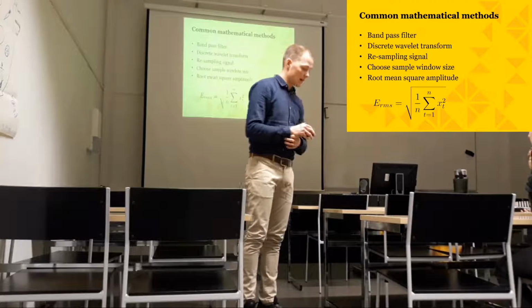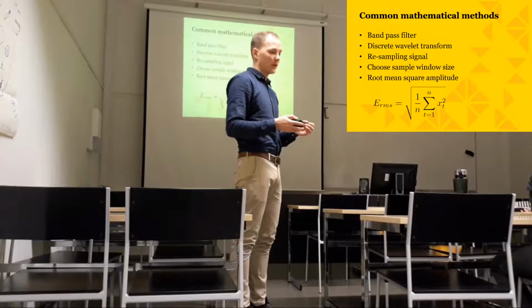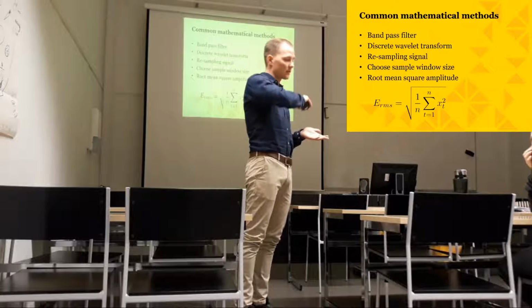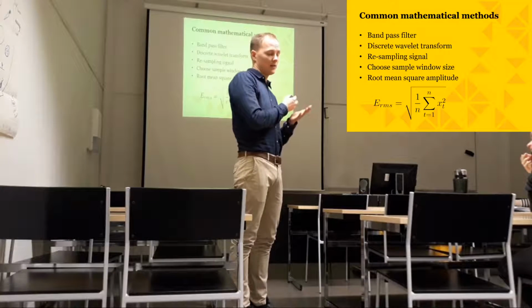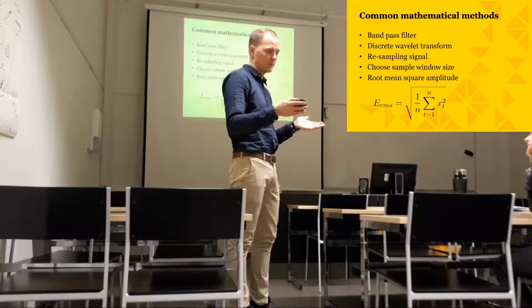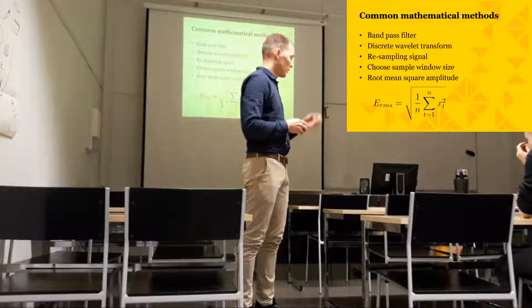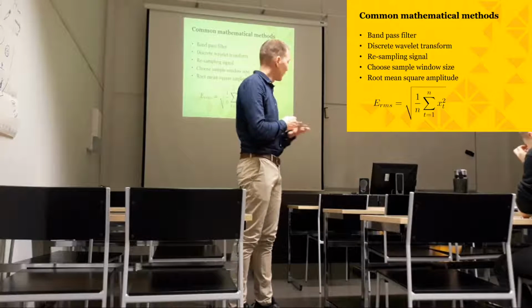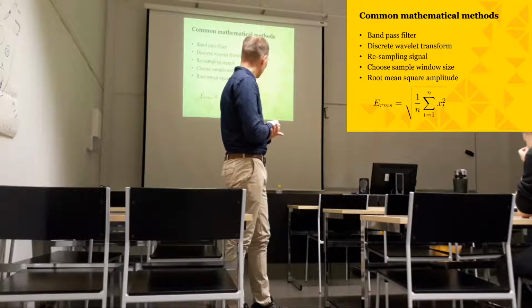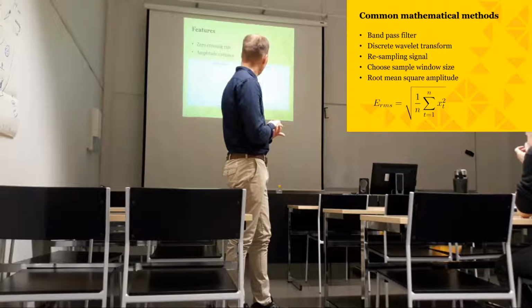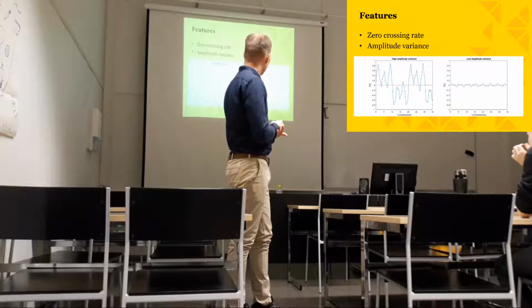Root mean square amplitude: this kind of waveform changes from plus to minus, and if you take an average of it, it basically becomes zero. So this addresses the problem of the negative signals and could be useful in some applications.